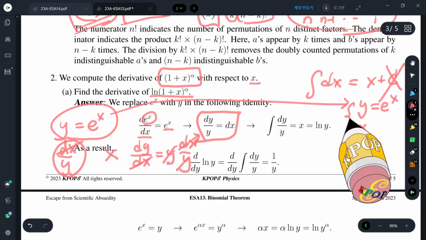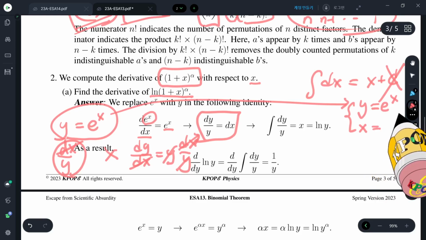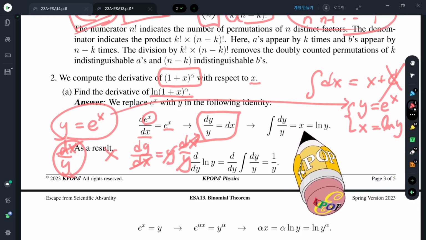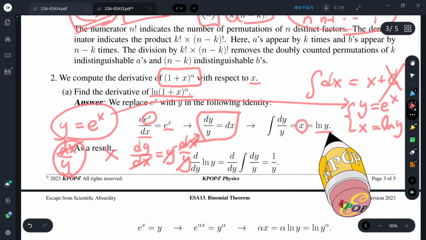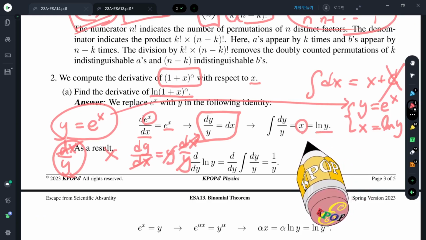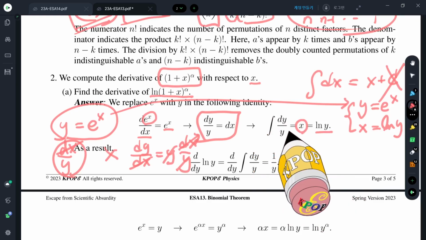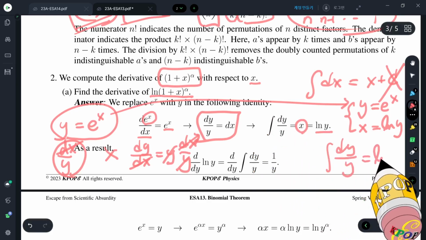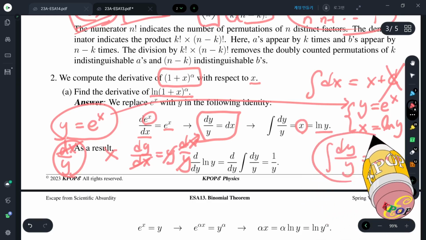That is identical to x equals natural log of y. So I have replaced x with log y. Therefore, we have constructed an integral table entry for dy over y. It is log y.